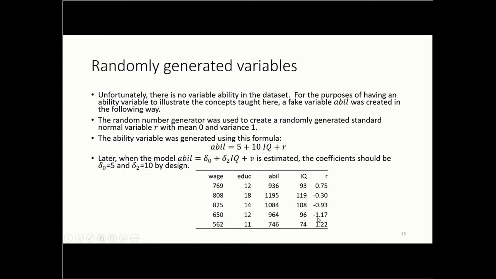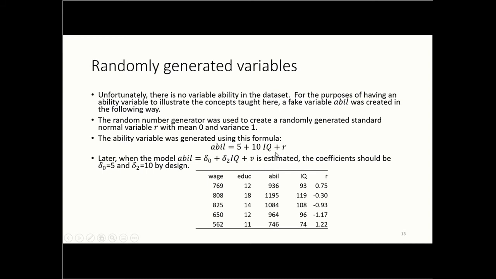So I generated this variable here, and then I came up with this equation. I just completely made it up that ability would be equal to 5 plus 10 times IQ plus R, where R is this randomly generated variable. So that looks a lot like a regression equation. I came up with these numbers myself.